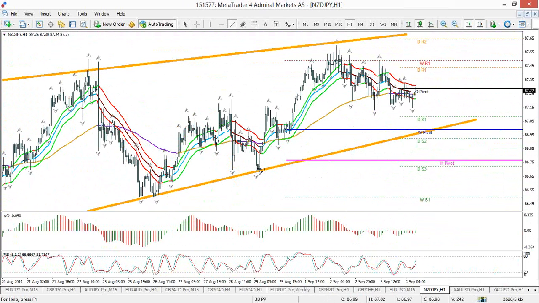In that rising wedge, though, price did make an acceleration from this bottom to the top. And then made a falling wedge here.